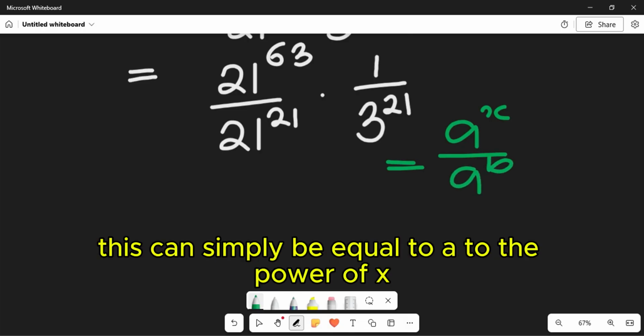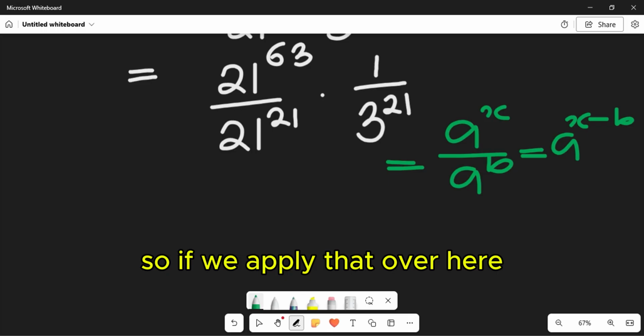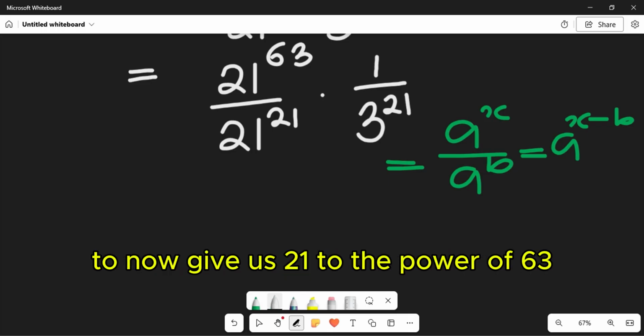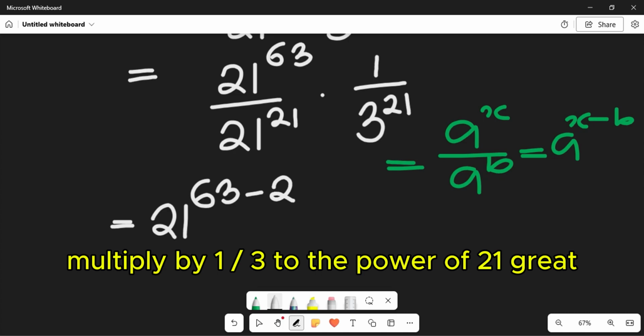This can simply be equal to a to the power of x minus b. The exponents subtract. So if we apply that over here, we're going to have 21 to the power of 63 minus 21, multiplied by 1 divided by 3 to the power of 21.